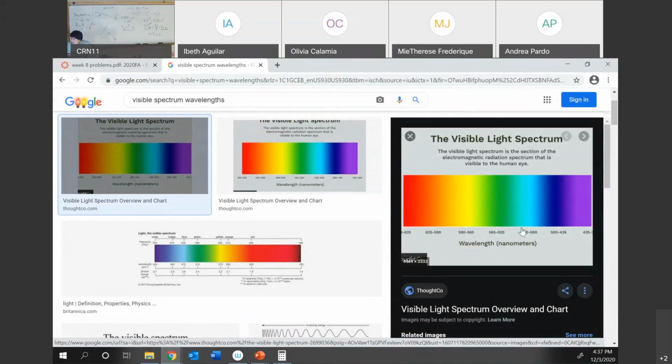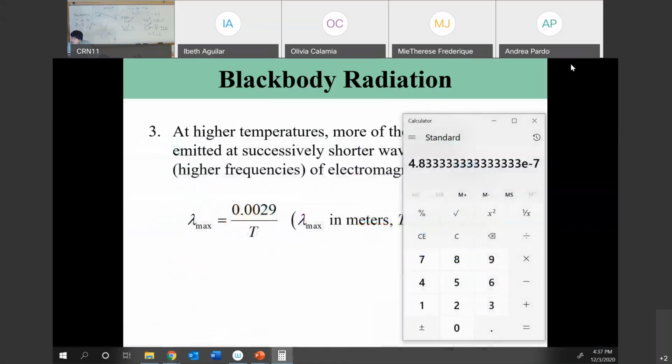So you are in between here, right? The peak. So that allows us to find what's the peak wavelength for the sun in this case. Right? In meters, of course. So that's why I have to convert to nanometers.